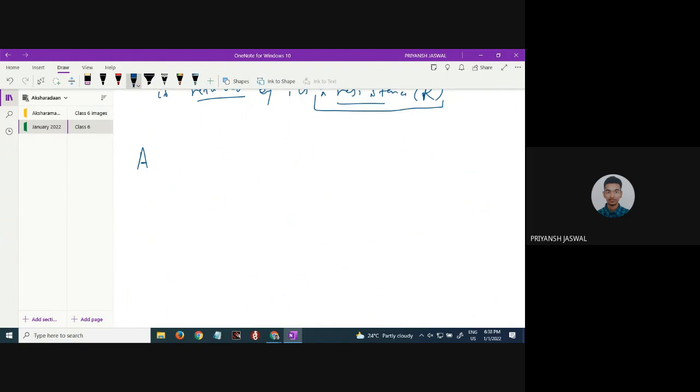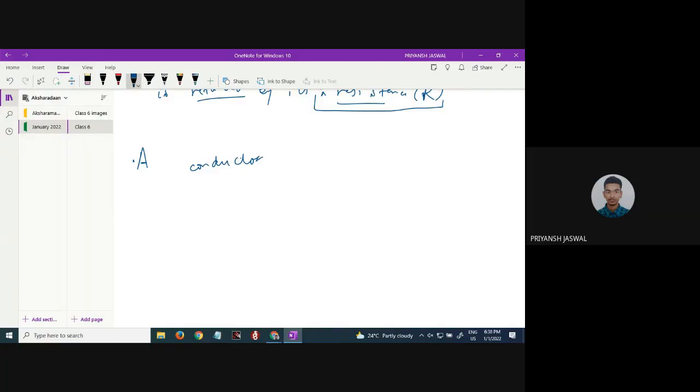Now, let's see how this resistance varies over different materials. By the word conductor itself, it indicates that it conducts electricity. But if we take a conductor which has some appreciable amount of resistance, then it is called a resistor.